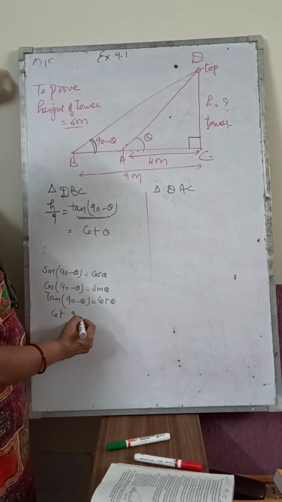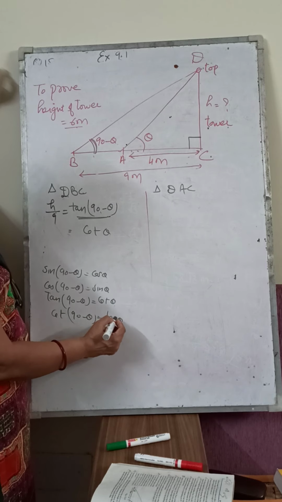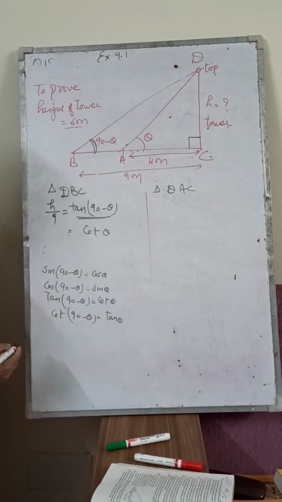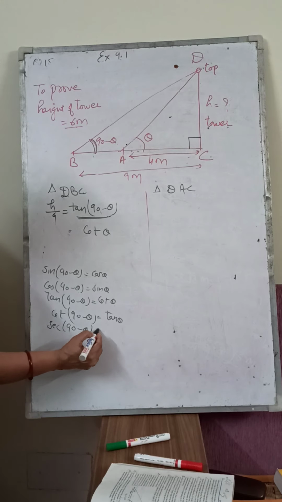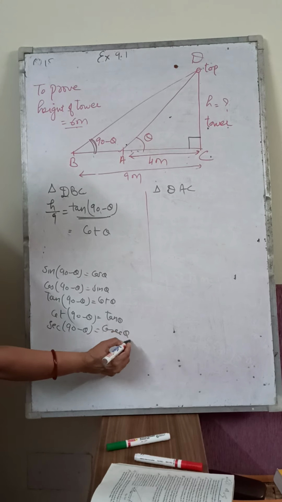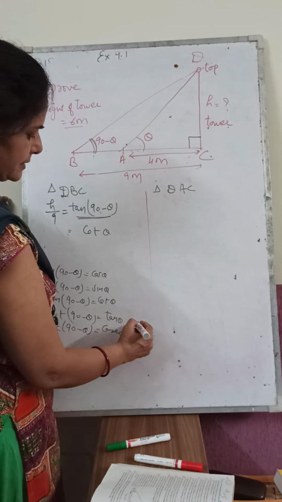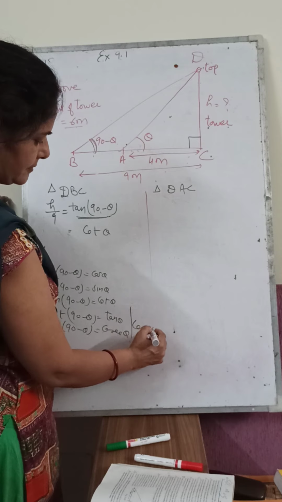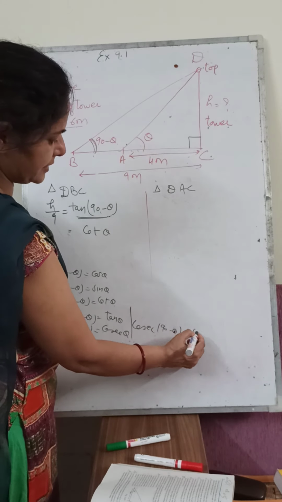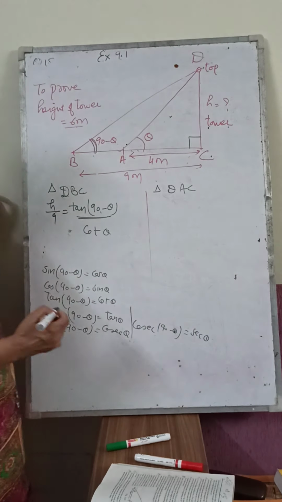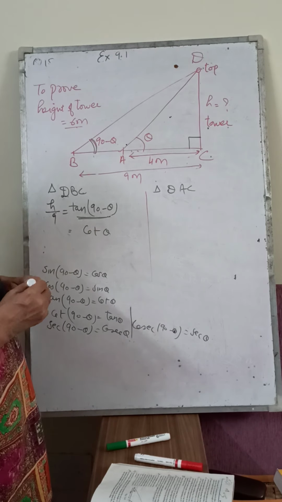Cot 90 minus theta is tan theta. Similarly, secant 90 minus theta is cosecant theta, and cosecant 90 minus theta is secant theta. Clear?